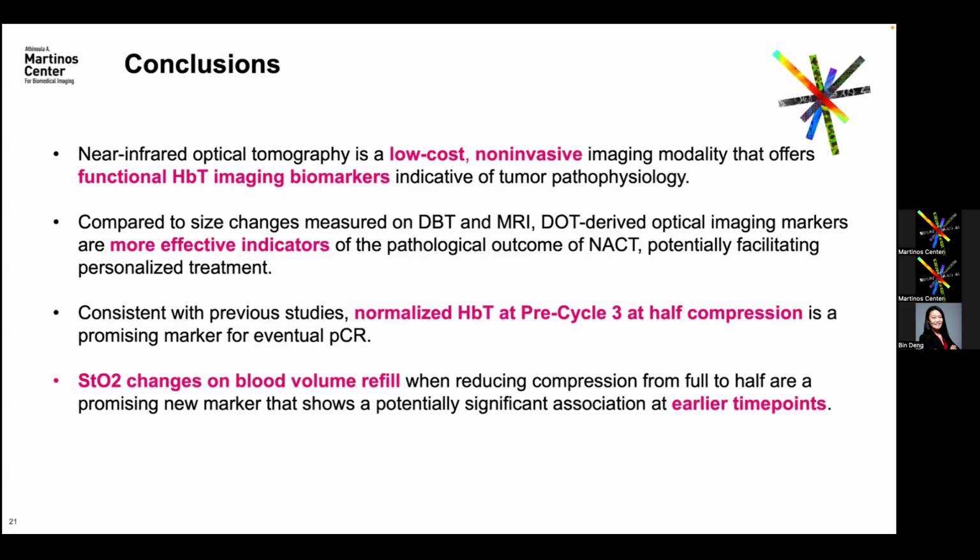Especially, total hemoglobin concentration at mid-cycle is predictive of final pathology outcome of PCR. And additionally, tissue oxygenation change on blood volume refill during reducing compression from full to half is also a promising biomarker for predicting PCR at even earlier time points.